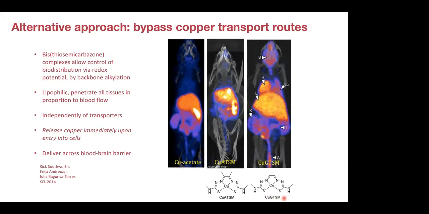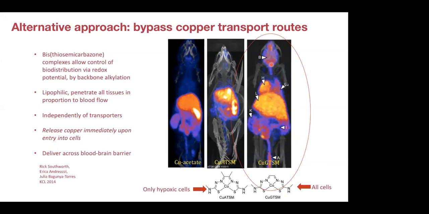They're much more easily reduced, and the copper is released immediately upon entry into any kind of cell, regardless of whether it's hypoxic. You can see the difference in the biodistribution here, because all of the organs that have high blood flow have high uptake. The heart has a huge uptake of this tracer, the lungs, even the brain has quite a bit of uptake and trapping.